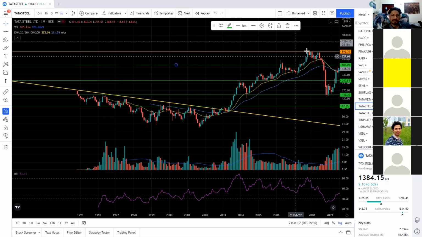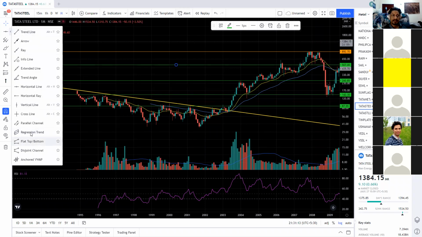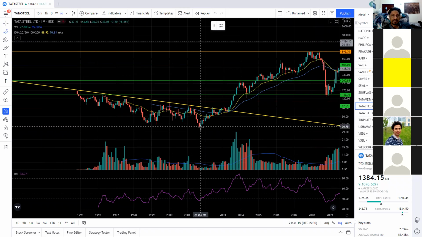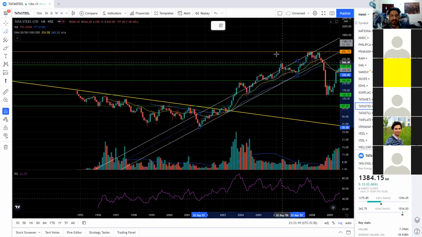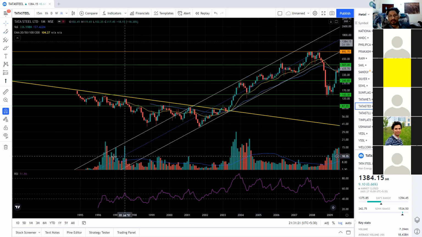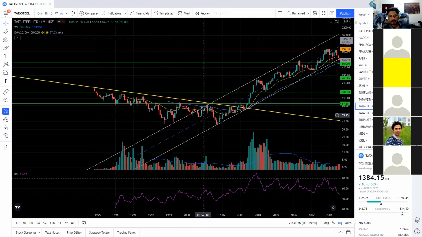Now look at this area. In particular, this area, can we define a trend line, parallel channels? See here, low price, and up to here, there is a trend, this one. Have a look.